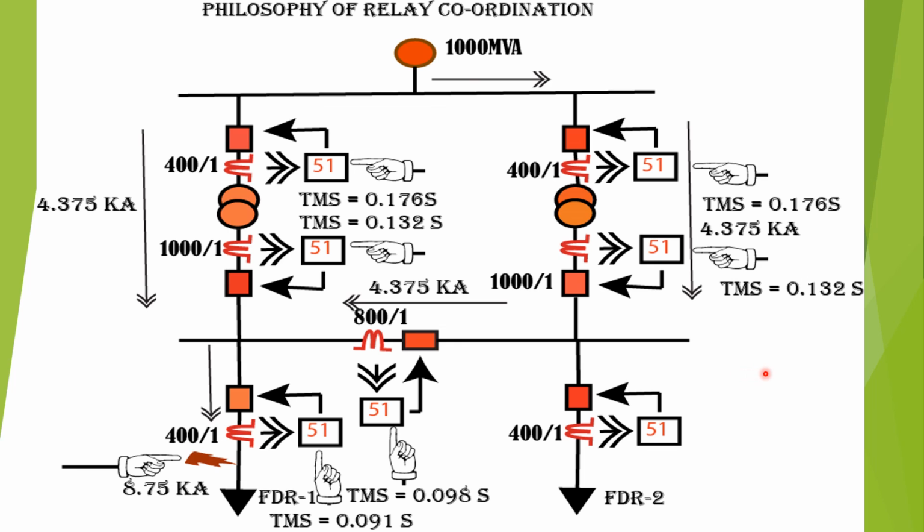So this is how the relay coordination is done when both transformers are running in parallel and the bus coupler breaker is on, and maximum fault current is considered, considering that the fault occurs at a feeder very close to the 33 kV bus.